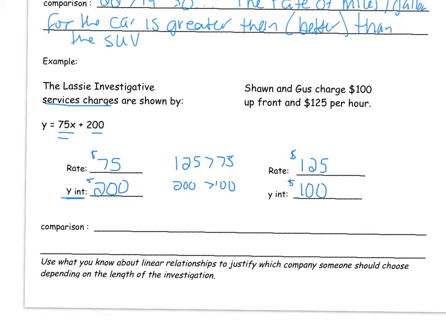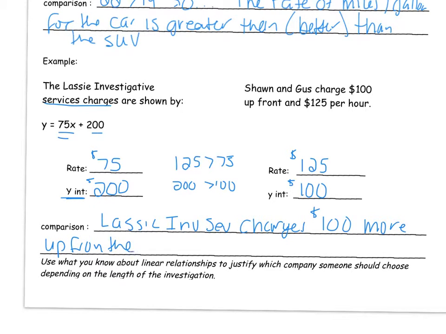So lastly, we could say something like: investigative services charges 100 more up front than Sean and Gus, but charges $50 less per hour.